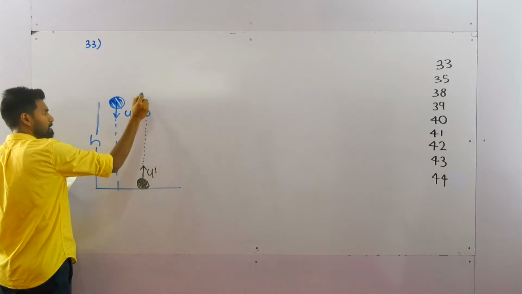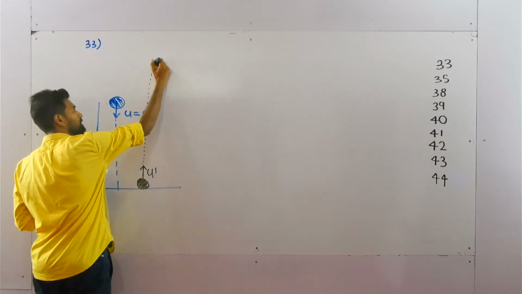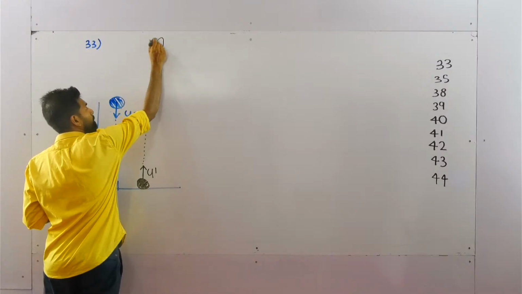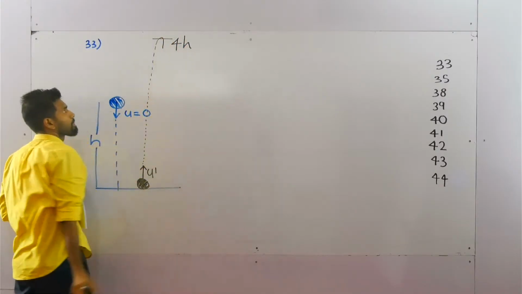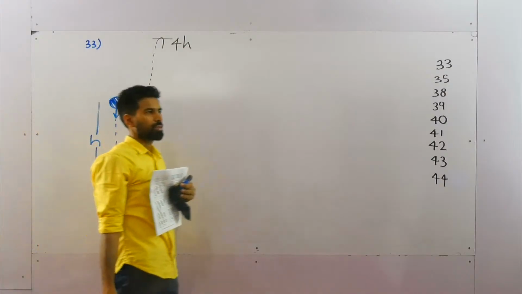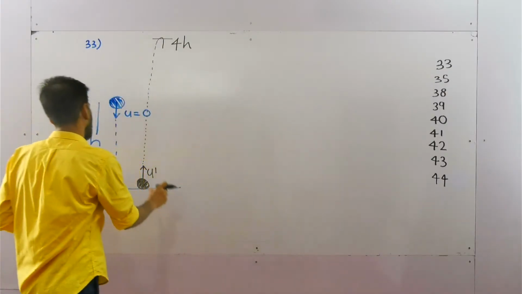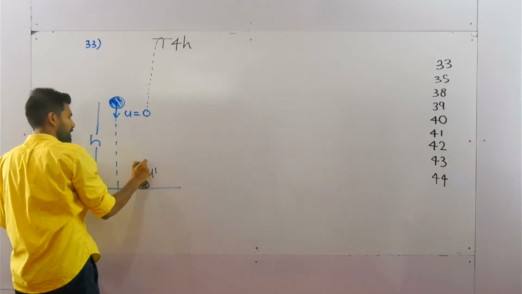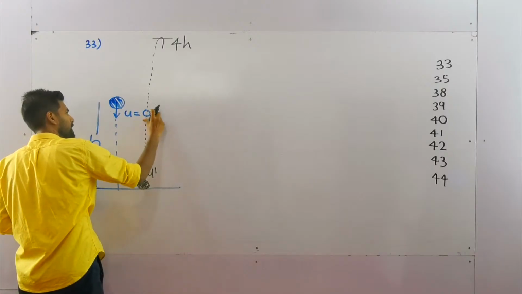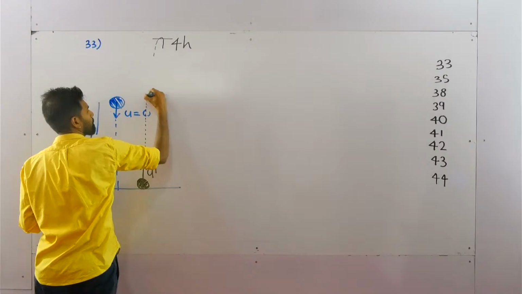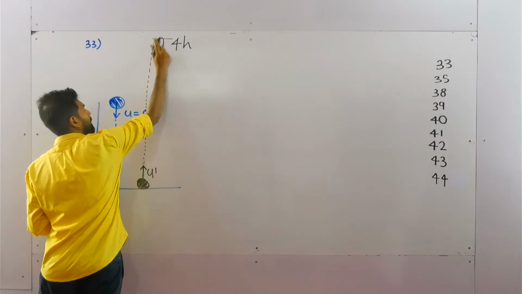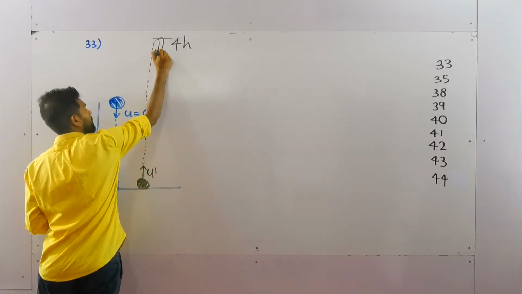That velocity will take it to a maximum height of 4h. Before turning back, this initial velocity of the stone thrown from the ground will take that stone to a height 4h. So these are the facts that they have given.